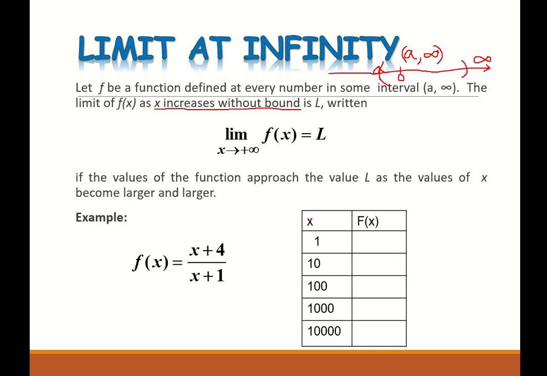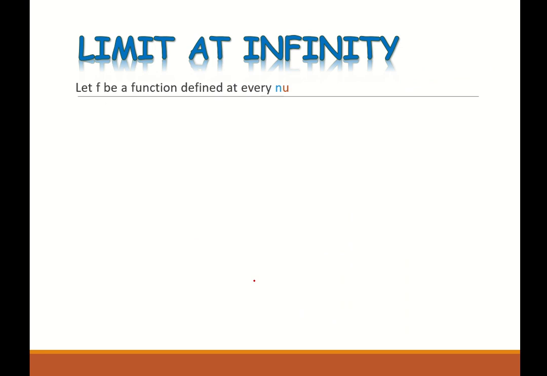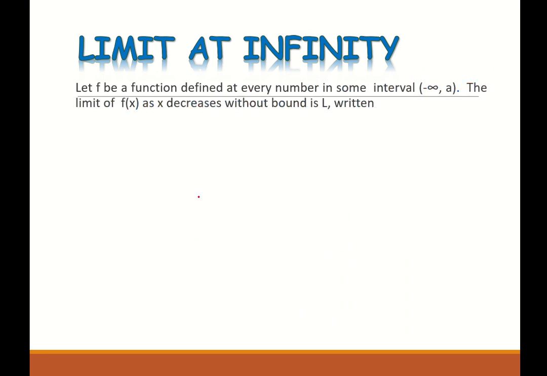You have 1, 10, 100, 1000, 10,000, and so on and so forth, and you have the corresponding f of x here. You will see the result of this rational function. That's just an idea of what it means for x to increase without bound.